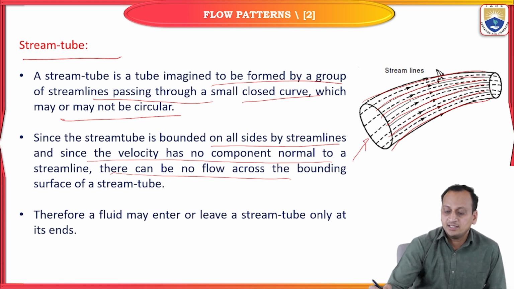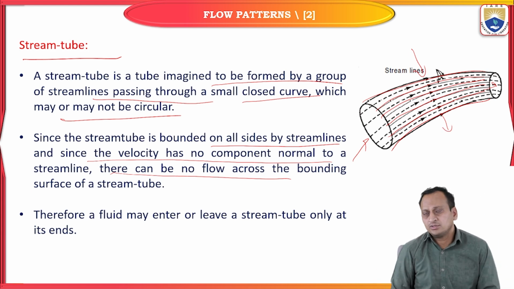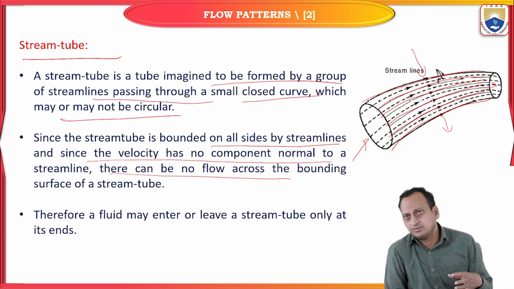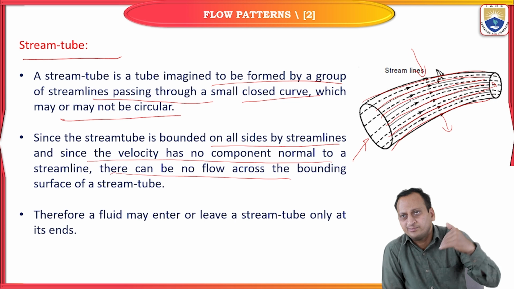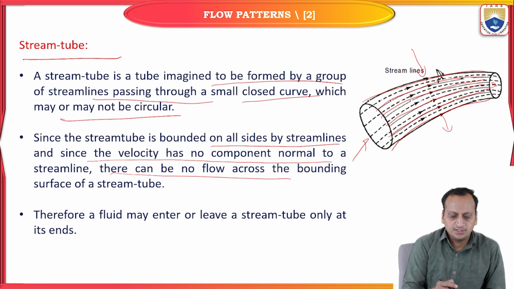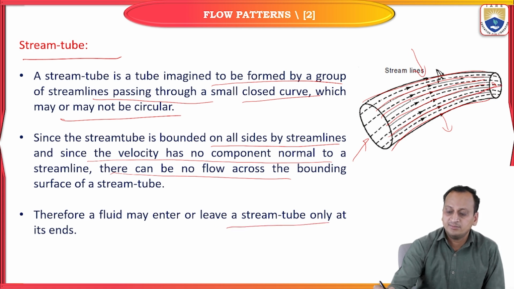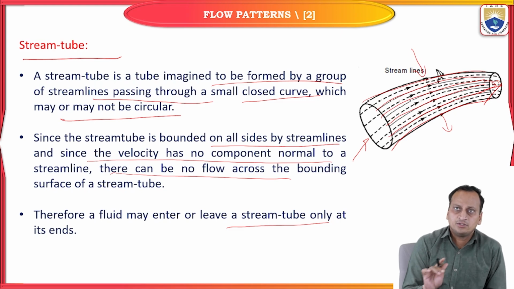You see at the inlet and outlet there are two boundaries, and across the stream tube there will be no component of velocity; no particle is moving across a streamline. Therefore, across the stream tube also there is no cross flow. Fluid may enter or leave only at the ends. There will be no cross flow.